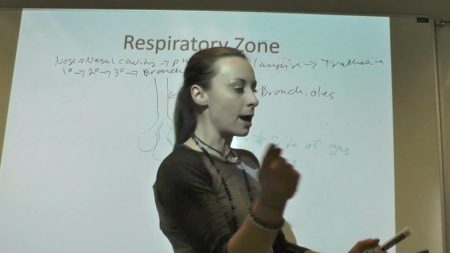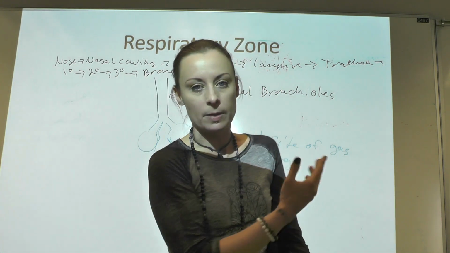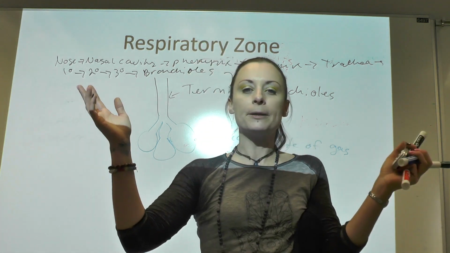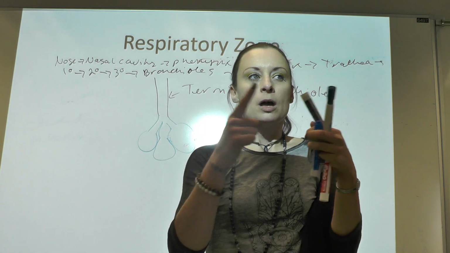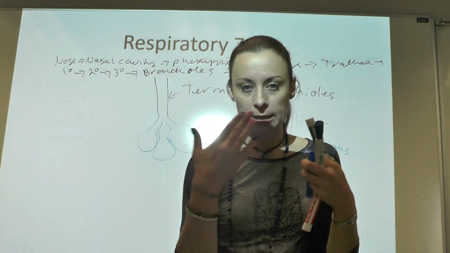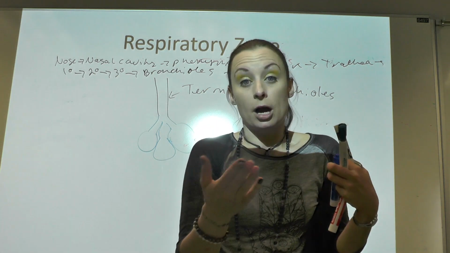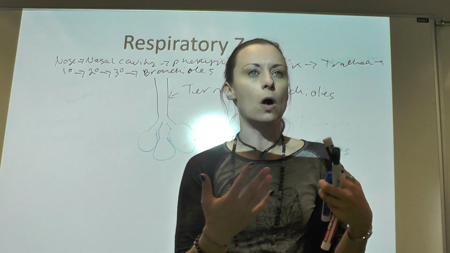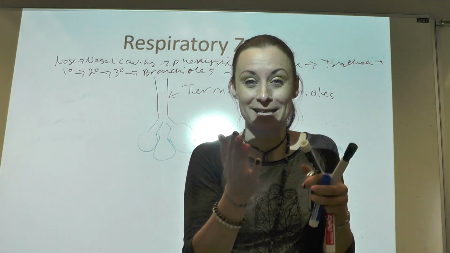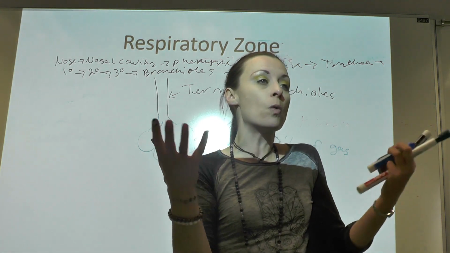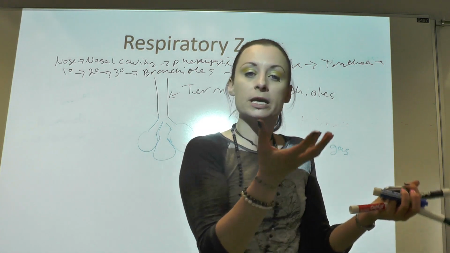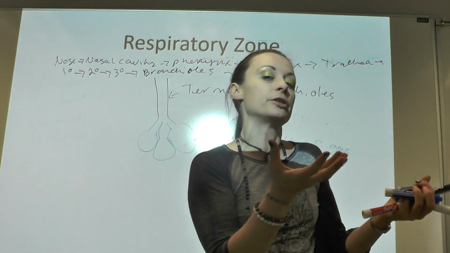When we get down to our alveoli, all they are is simple squamous epithelial cells. So as you move down the bronchial tree, you're losing structure as you get less cartilage, less and less smooth muscle, and down to the smallest little epithelial cells we have. But that's okay. You don't want a ton of structure around these alveoli where we're going to do gas exchange.